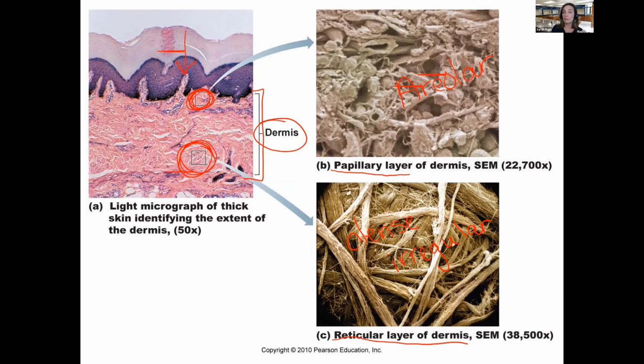What you're looking at, remember, dense irregular has a lot of collagen fibers, which are stronger than steel, running in different directions. So it provides a lot of strength in different directions, right? So this is what you're going to find down in that reticular layer, something nice and strong, being able to withstand tension.